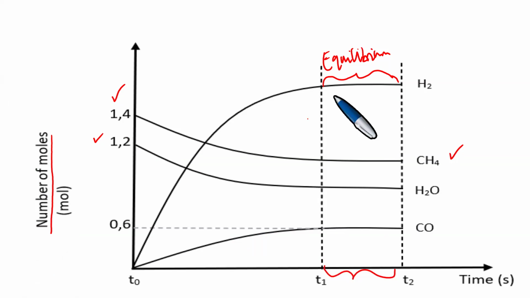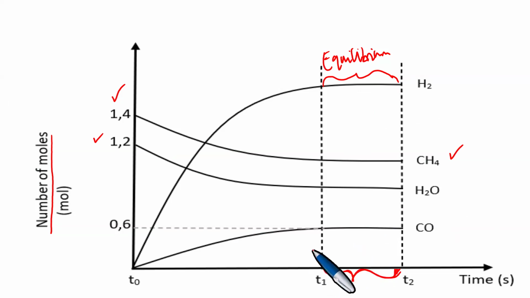All these graphs are level. So this hydrogen graph is level, the methane graph is level, the CH4 and water, steam, H2O graph is level, and the carbon monoxide graph is also level.